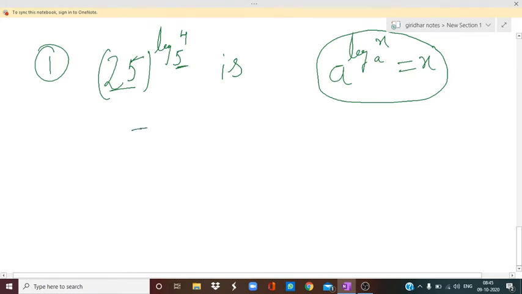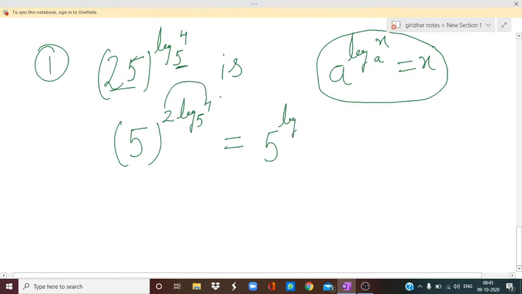So 25 we can make 5 square, and again power to the power multiply. Now with the help of the power rule, this 2 we will take into the power. So this becomes 4 to the power 2. So now this is left with 5 to the power log base 5 of 16. So the answer is 16. Correct? With the help of this formula, a to the power log x with base a, which we know is x.